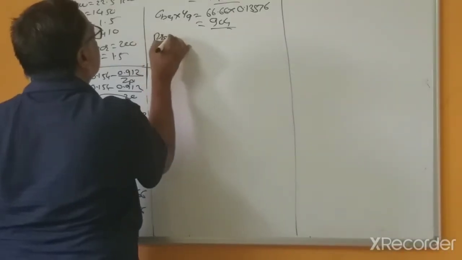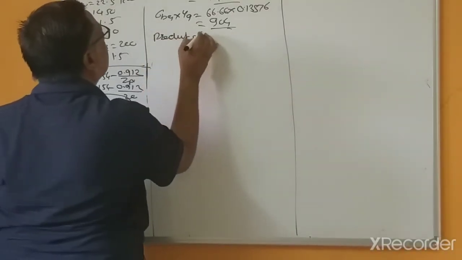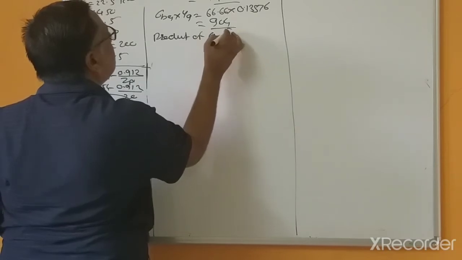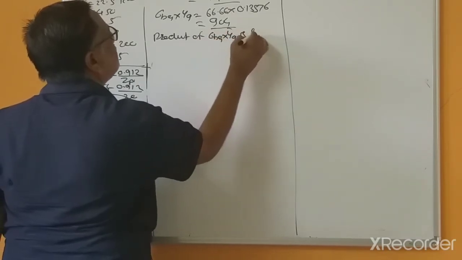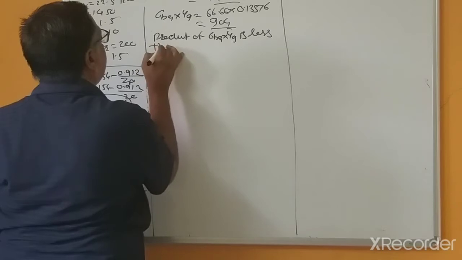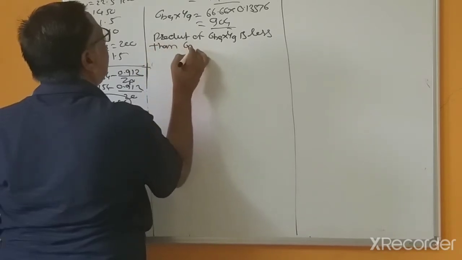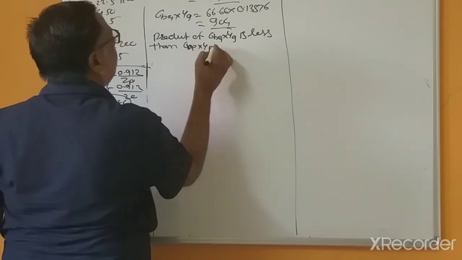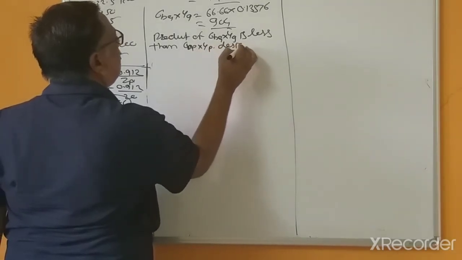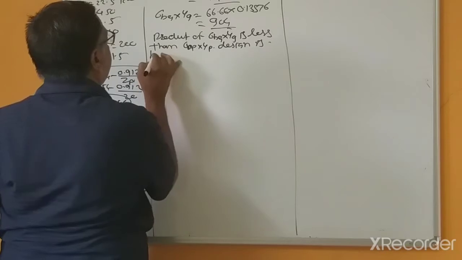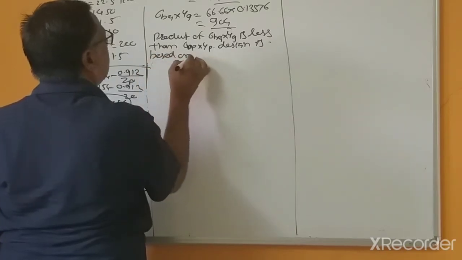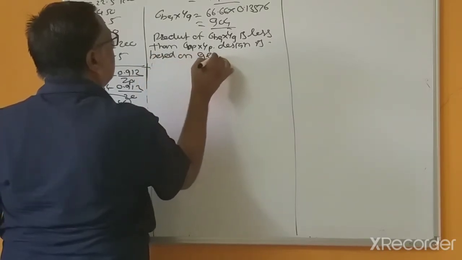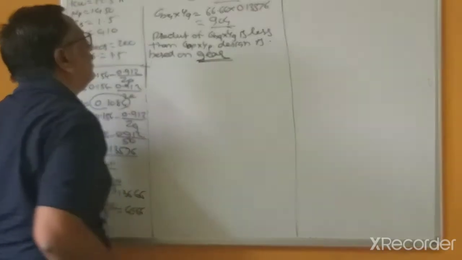Product of sigma BG YG is less than sigma BP multiplied by YP. Design is based on gear.